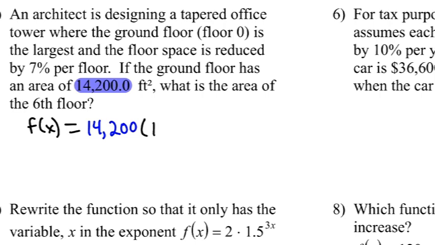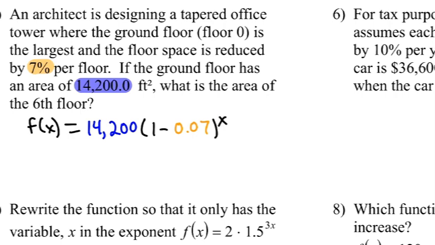And this time we're not increasing, so we don't have a percent increase, we have a percent decrease. So it's going to be a subtraction because it's reduced, so it's a percent decrease. And we're going to then subtract from that 7%, which is going to be 0.07. Again, 7% is 0.07. Sorry about that.